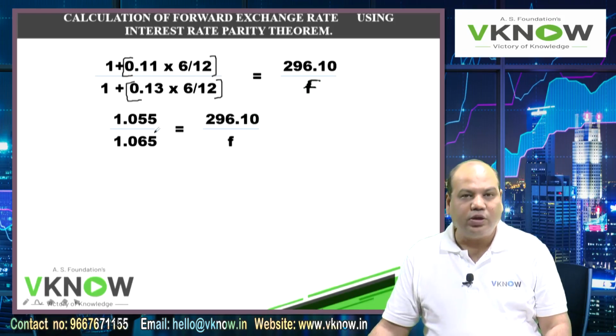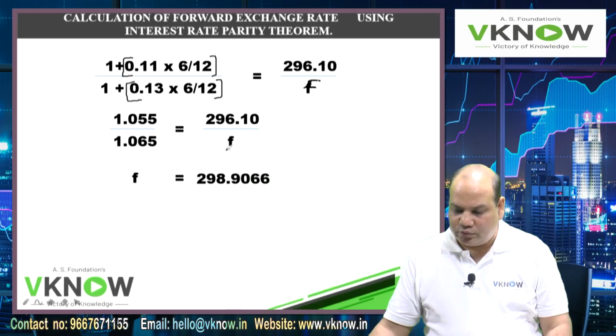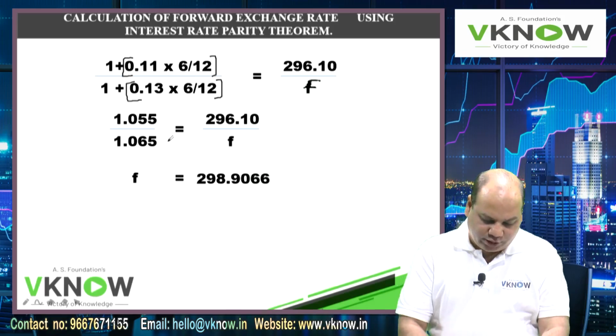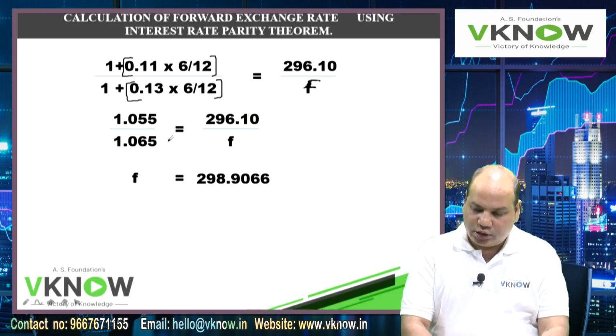Can we not solve it now? So F will be equal to, take on your calculator, 296.10 into 1.065 and divide by 1.055.